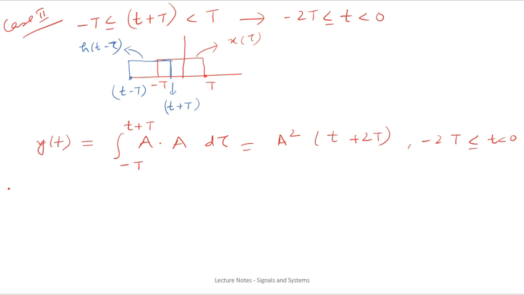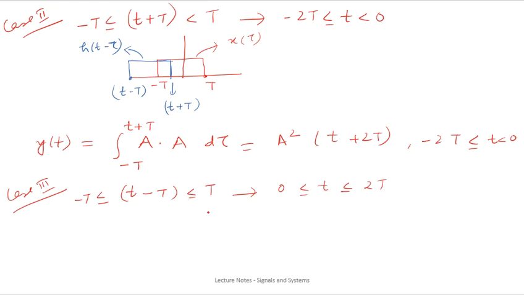Now similarly there can be some more cases. Let's take this third case, that if the t minus T is in between minus T and T, or it can be written in this way.